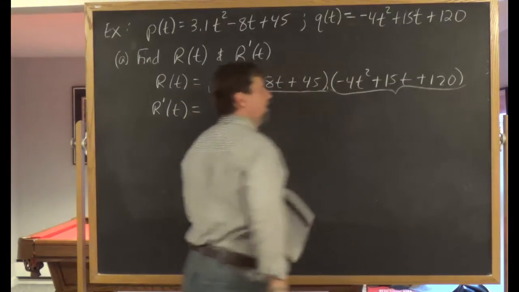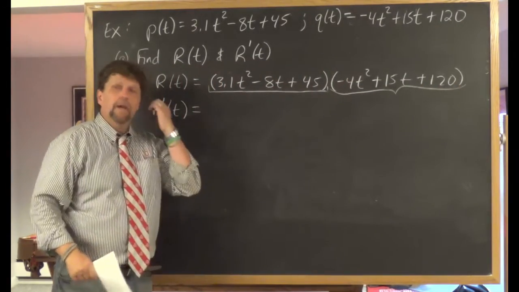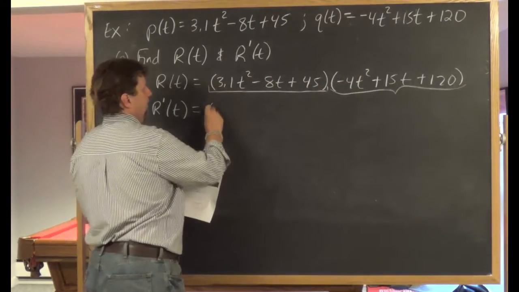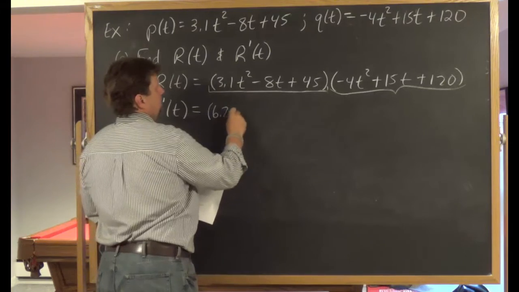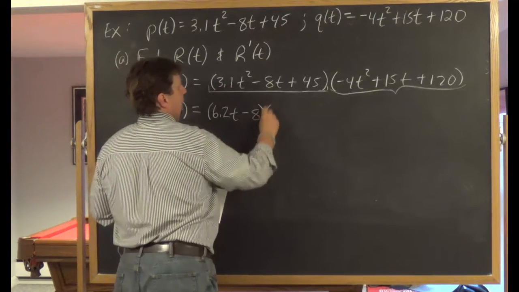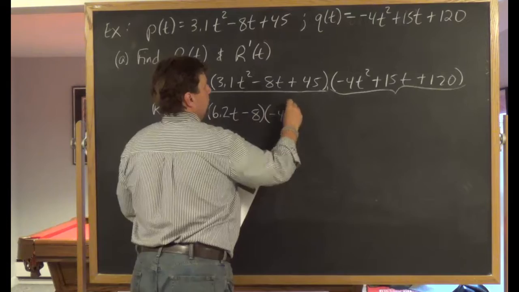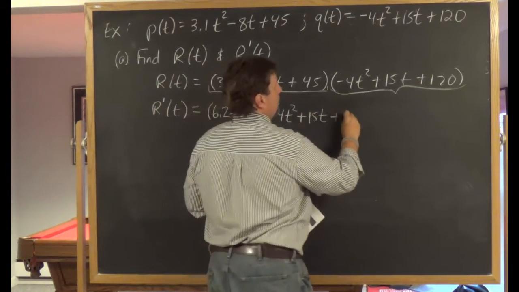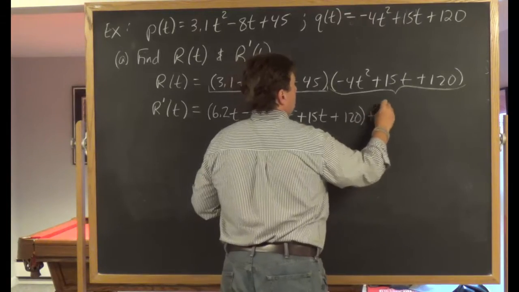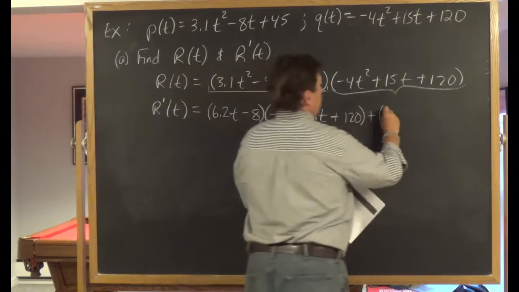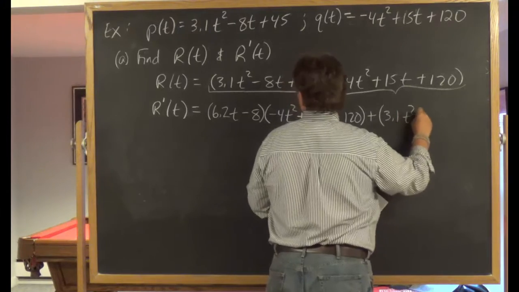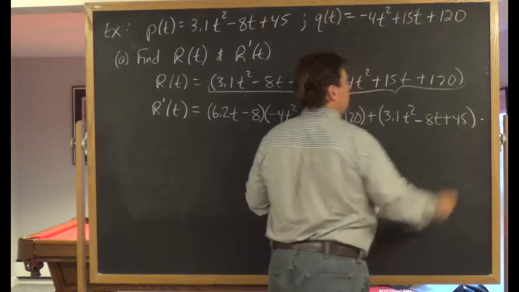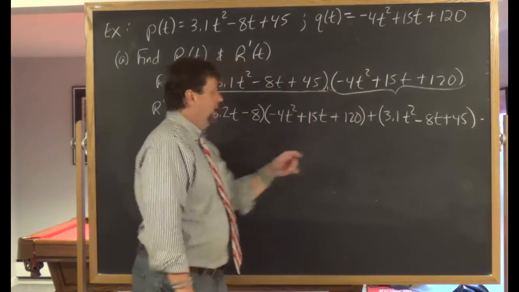And yep, look at this. You have a product of two functions, so you get to use the product rule. So again, the product rule says the derivative of the first function, 6.2t minus 8, times the second function, plus the first function, 3.1 t squared minus 8t plus 45, times the derivative of the second function.